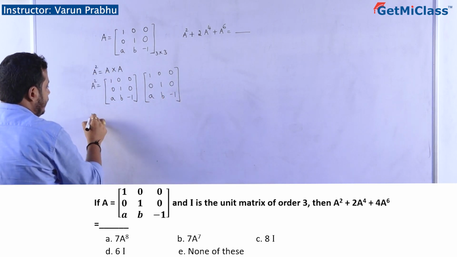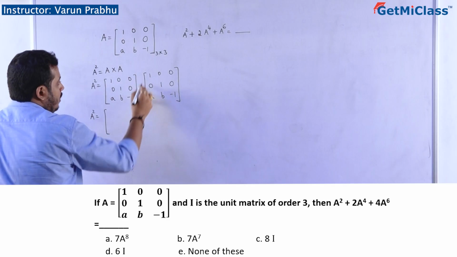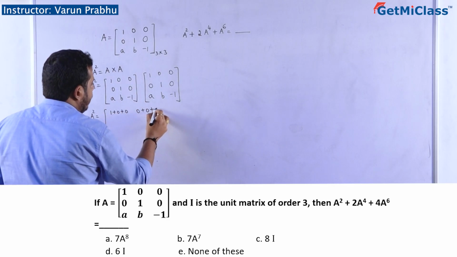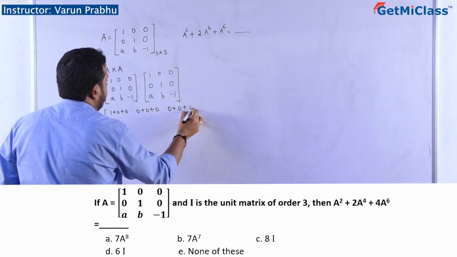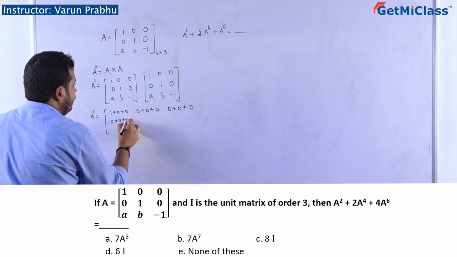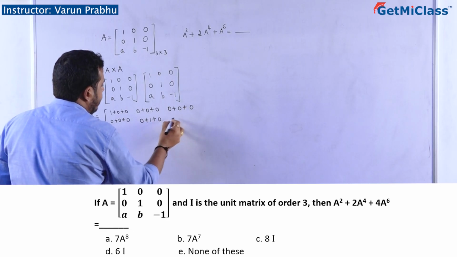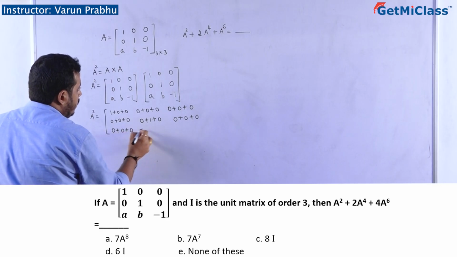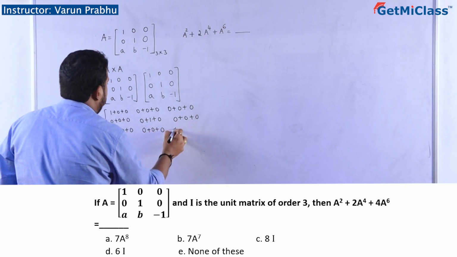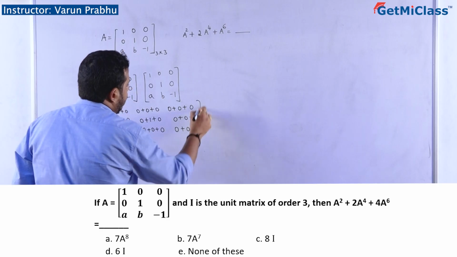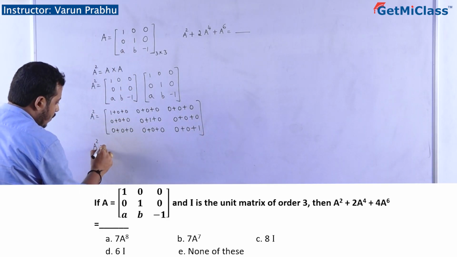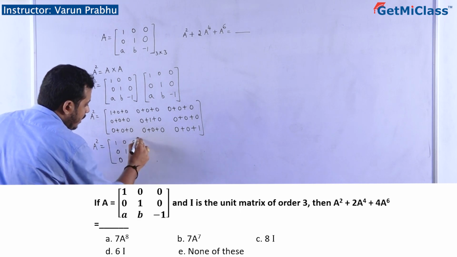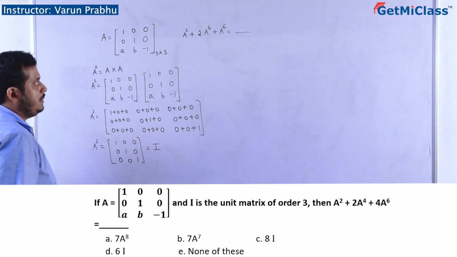So when we multiply this, we will end up with what? 1 plus 0 plus 0, 0 plus 0 plus 0, 0 plus 0 plus 0, 0 plus 0 plus 0, 0 plus 1 plus 0, 0 plus 0 plus 0, and then 0 plus 0 plus 0, 0 plus 0 plus 0, and 0 plus 0 plus 1. Correct or not? Which means A square is nothing but 1 0 0, 0 1 0, 0 0 1, which is nothing but an identity matrix.